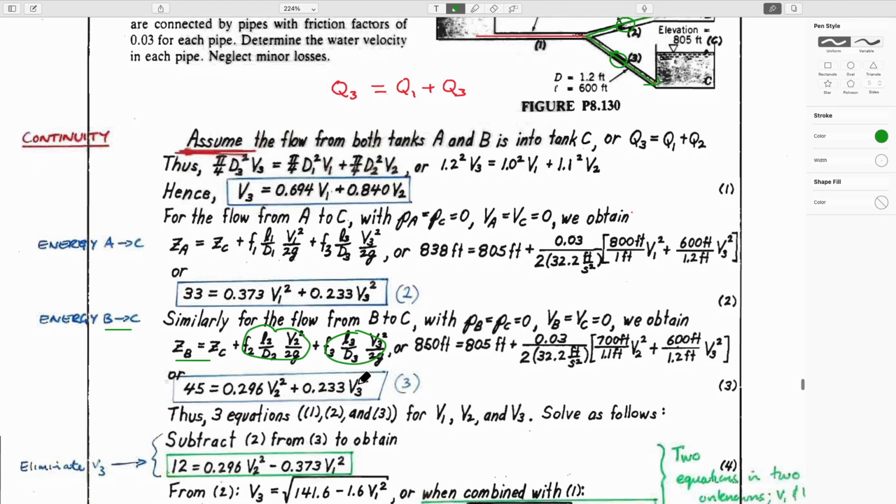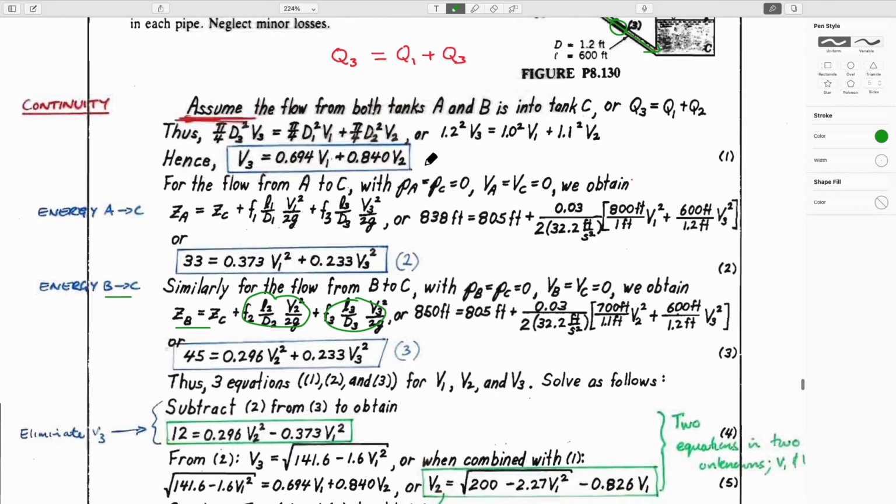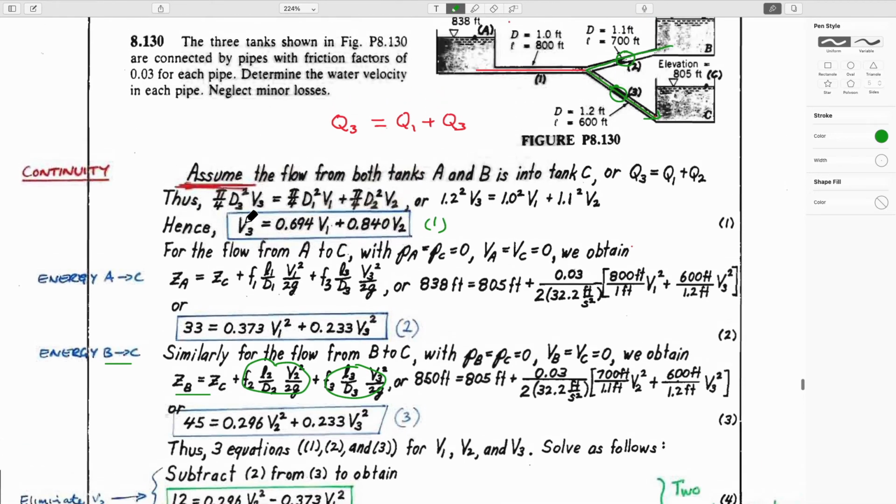So if you think about it, you really have 3 equations. You have a continuity equation, which says that the flow rate in pipe 3 has to be the sum of the flow rates in here. It doesn't look messy at that point.